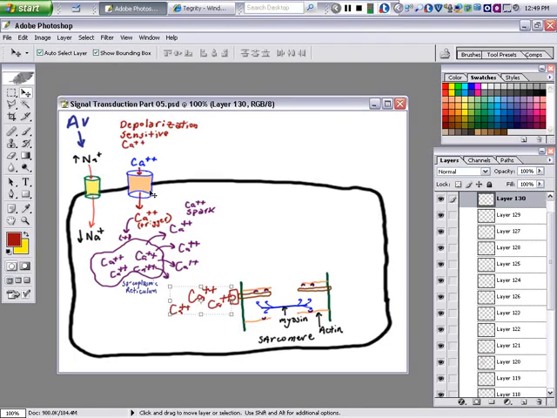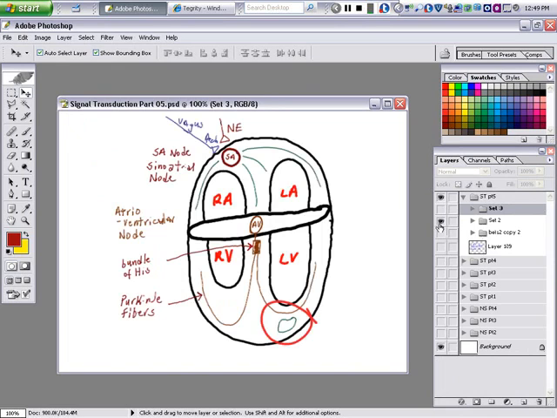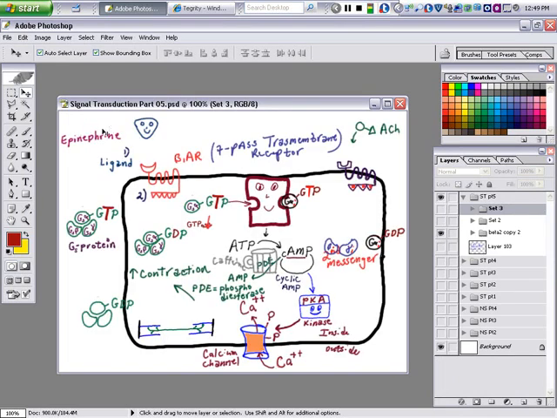But if you could come up with a way to get more calcium into that chamber, then the amount that's coming out is going to be more, and you're going to have greater contraction. Does it stay there forever, or can you lose it? Eventually, if it's a sympathetic response, epinephrine is going to bind here, and you're going to eventually get more calcium into the cell.